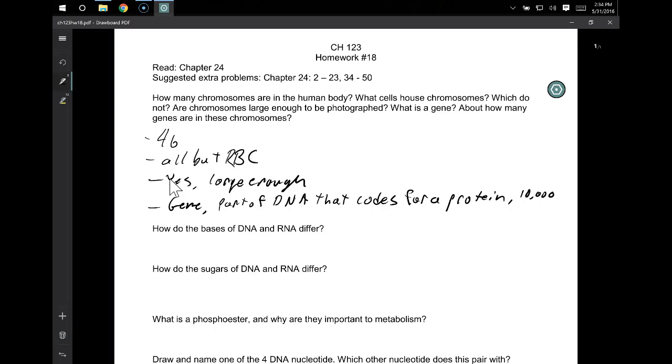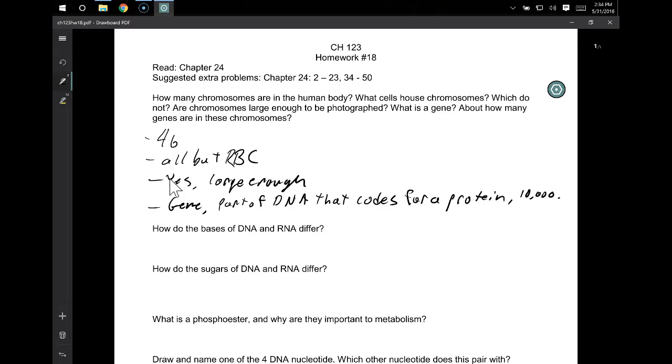So the entire DNA strip itself doesn't actually do stuff, only the gene portions. And most of the DNA strip is pretty non-functioning as far as we're concerned.